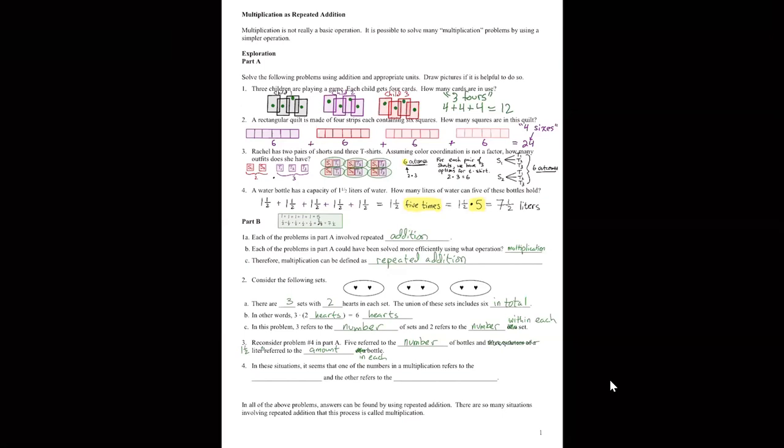Right. In these situations, it seems that one of the numbers in a multiplication refers to the amount in each object, and the other refers to the number of objects.